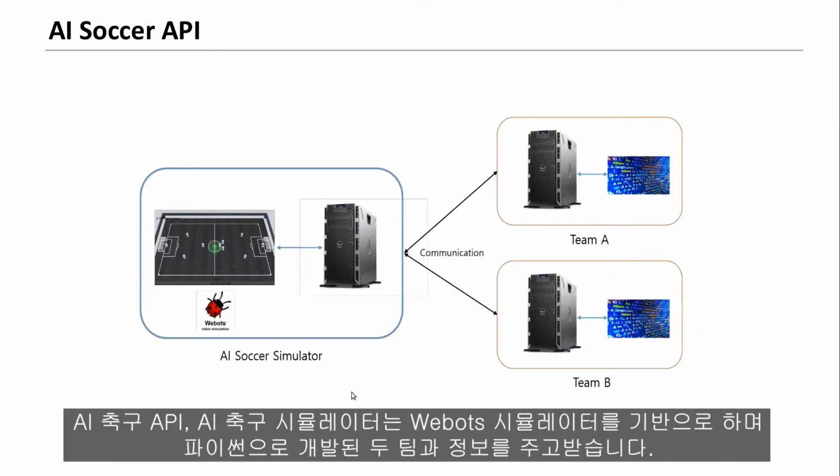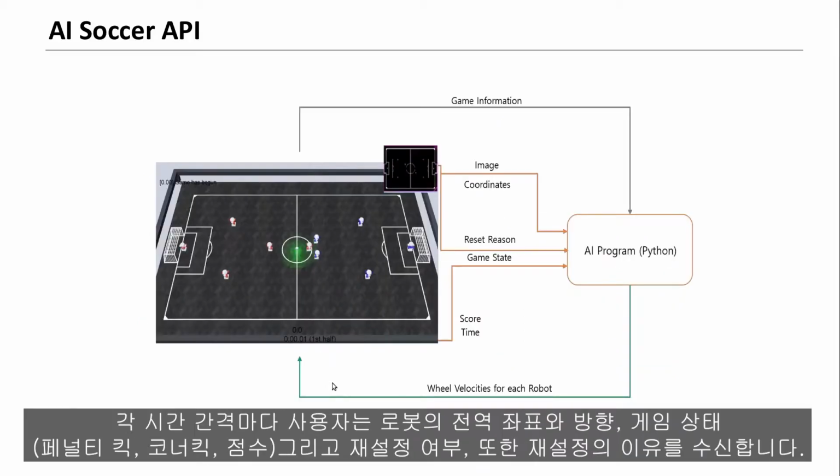In the AI Soccer API, the AI Soccer simulator is built in the Webots Robot Simulator and communicates with both teams' AI programs that are developed in Python. At each time step, the game receives the global coordinates and orientation of the robots, and the game state, if it's a penalty or a corner kick, the score and the time, and when a reset happens, the reason for the reset.